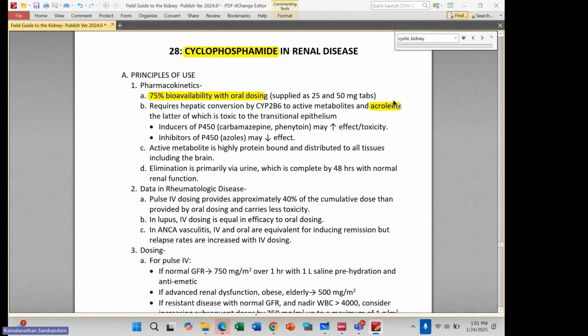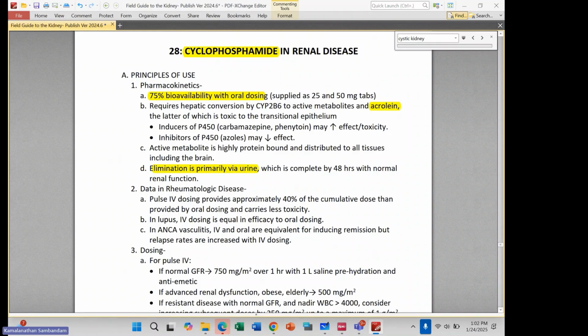This active metabolite acrolein is the problematic one that causes hemorrhagic cystitis. Okay, ifosfamide does that as well. This drug is eliminated in the urine.